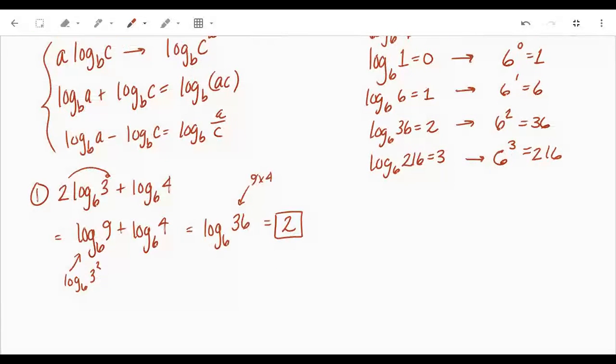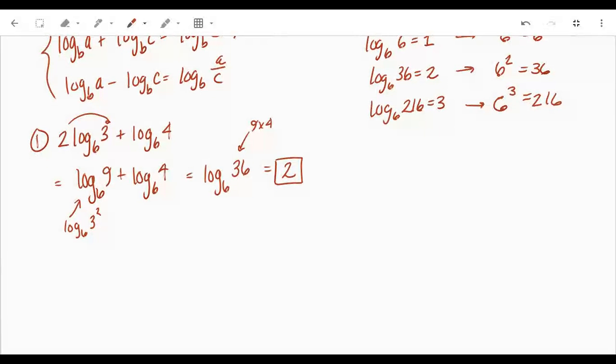Okay, another one. A little bit different here. We want to evaluate natural log of e to the 5th minus the natural log of e to the 12th. So we're going to do the opposite of what we did in the first one. We're going to bring those powers down.